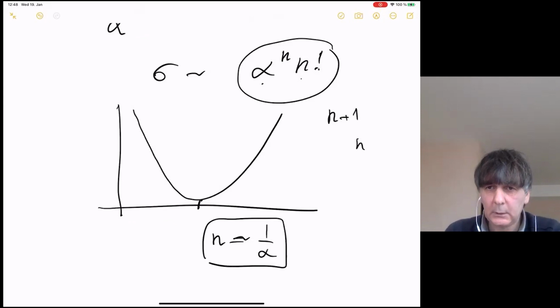So in other words, if you have a weakly interacting theory, the perturbation theory in alpha for the tree-level processes is perfectly fine as long as you don't go above n of 1 over alpha.